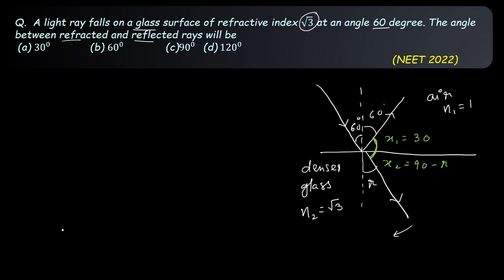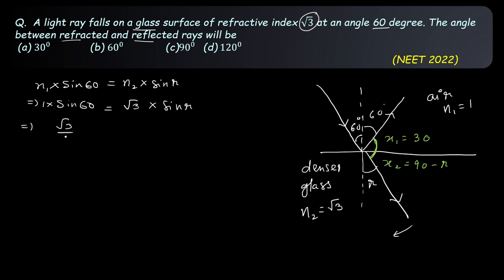If you observe carefully, we can solve this problem without using Snell's law at all, but I will tell that after giving the proper solution through Snell's law. First of all, we will apply Snell's law on this interface. So n1 multiplied by sine of 60 equal to n2 multiplied by sine of r. So sine of 60, this is 1, equal to square root of 3 into sine of r.